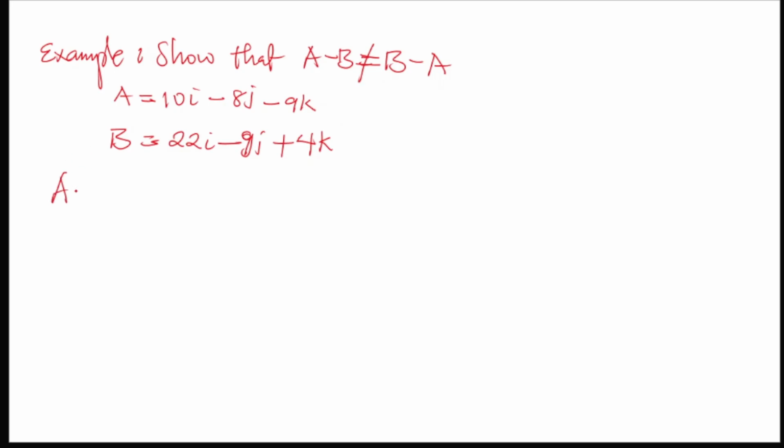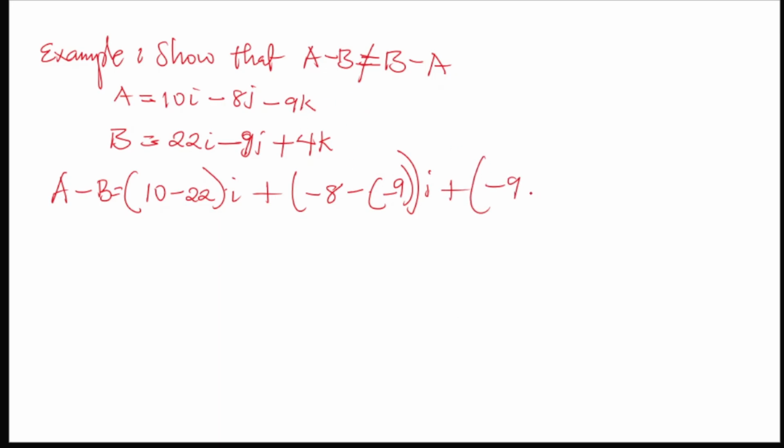For you to find A minus B, what you have here will simply be equal to 10 minus 22 all in i, plus the next one, which is this minus this, so you basically have minus 8 minus 9, and that's for j, plus the next one, which is minus 9 minus plus 4, and this is for k.